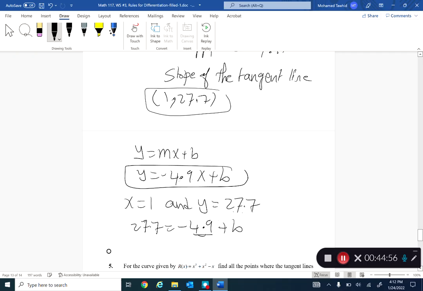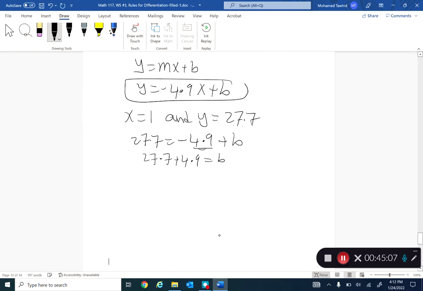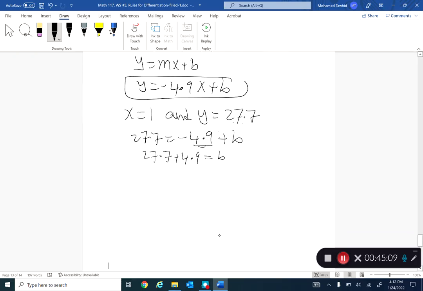So go ahead and take this one to the other side. So you have 27.7 plus 4.9, that is equal to the y-intercept. You can use technology for this. I don't have technology, so I just try to use my mind.